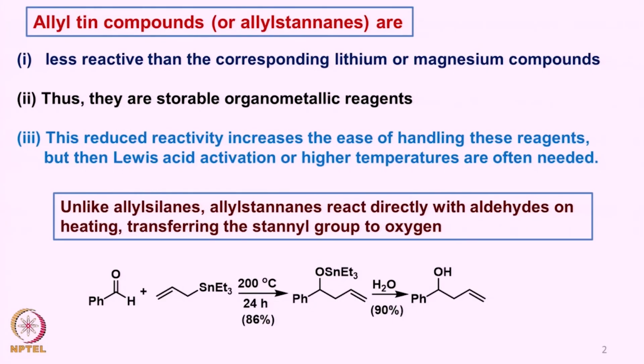So Allyltin compounds are allyl stannanes, of this type, when you have say Allyltin having different substituents. Now there is more covalency between the carbon and tin bond, and therefore they are generally less reactive than the corresponding lithium or magnesium allylated compounds.